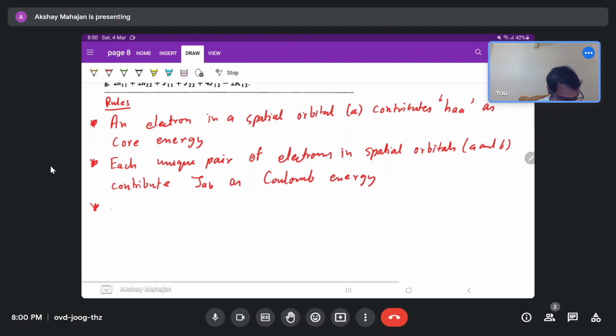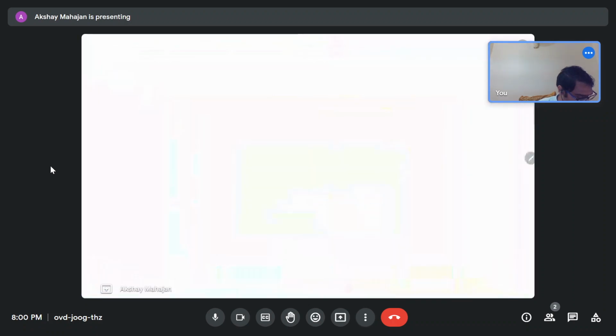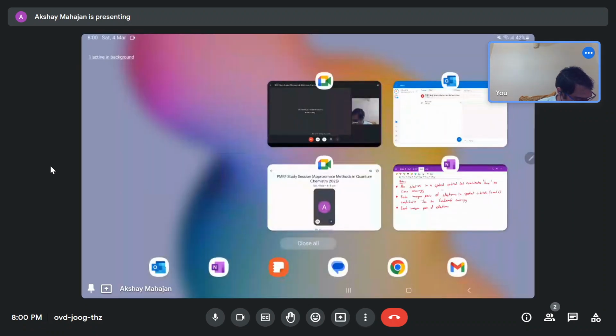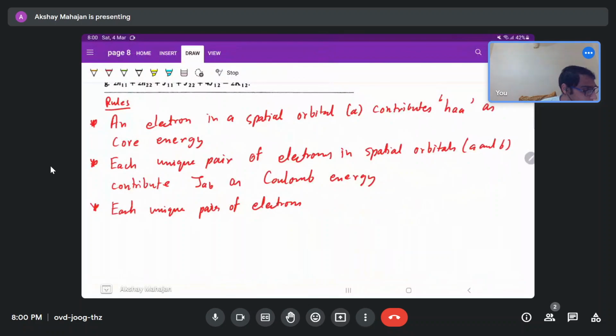And third is each unique pair of electrons with parallel spin.